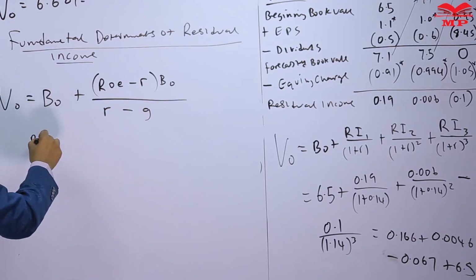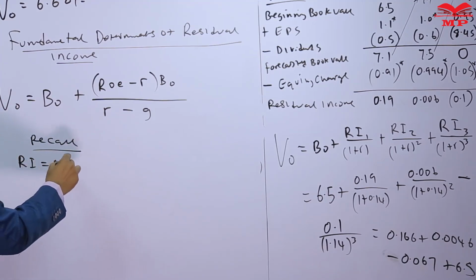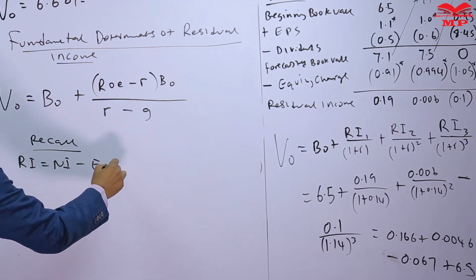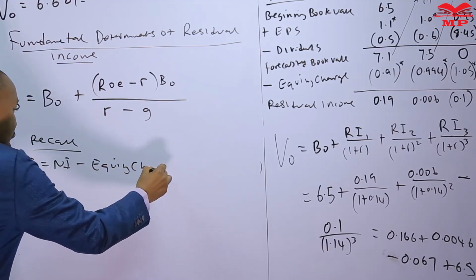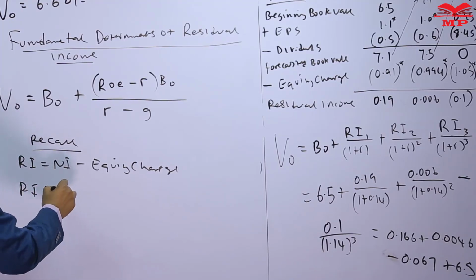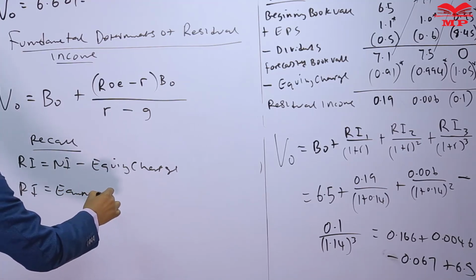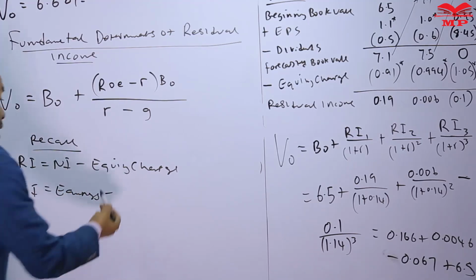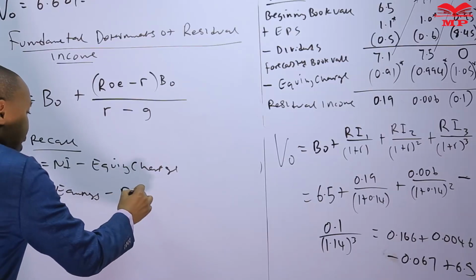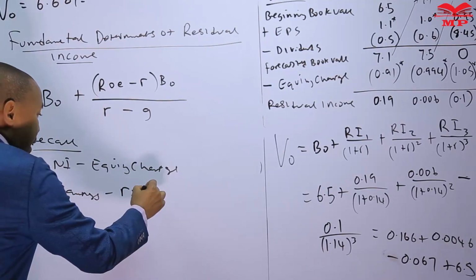Recall that residual income, or RI, is given as net income less equity charge. We also say that residual income is given as the earnings less the equity charge. The equity charge is R, the required return, times the beginning book value.